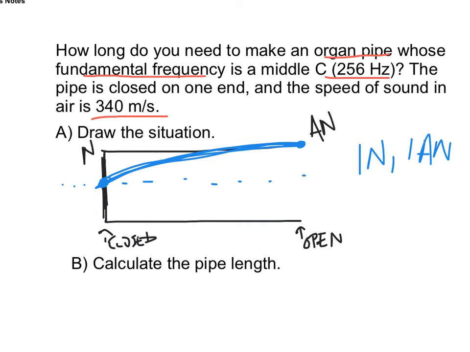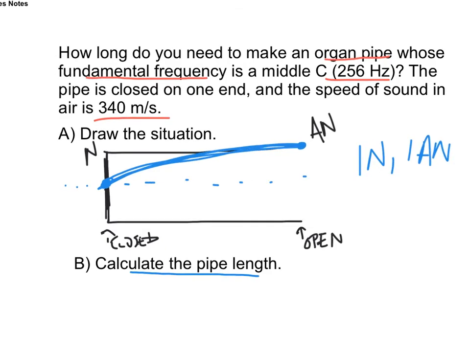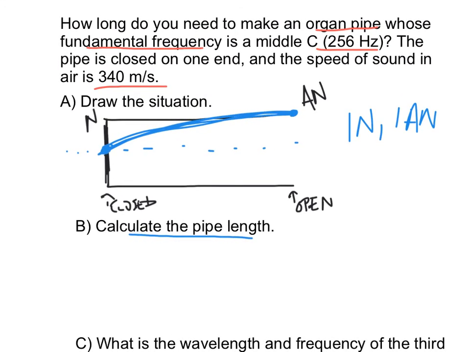So that's my picture. Our next goal is going to be to calculate the length of the pipe. How long does this pipe organ need to be? Well, one thing we might want to figure out is how the wavelength of this wave relates to the length of the pipe.